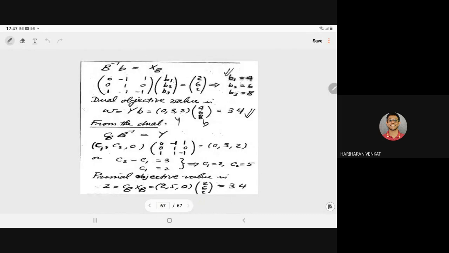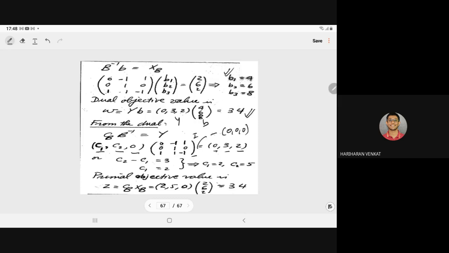So here we have CB B inverse PJ minus C3, C4, C5, and that is given to you as 0 3 2.